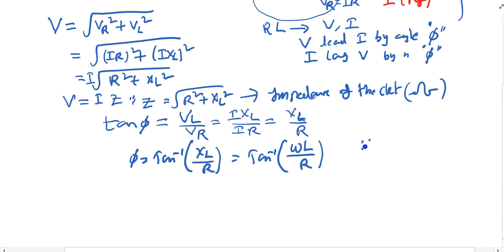This is the relation you also know: XL is equal to omega L, where XL is equal to 2 pi f L. So these are the different relations we know.